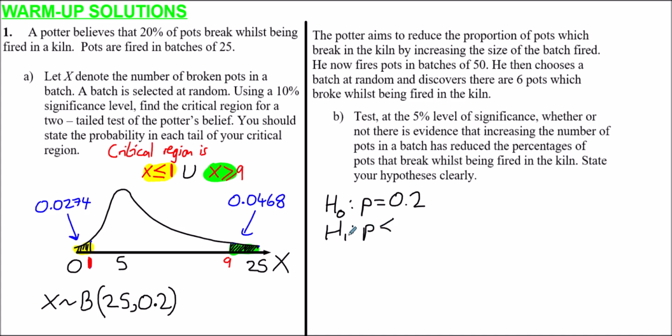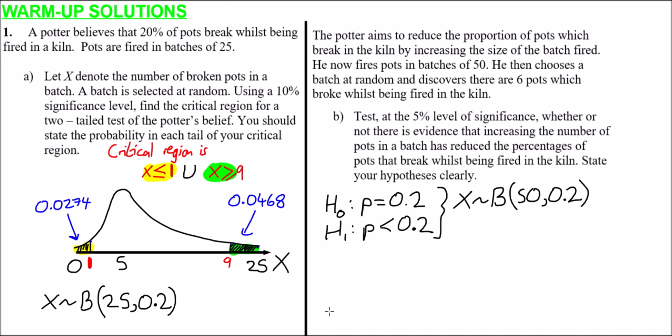So H1, the alternative hypothesis, is that the probability is less than 0.2. Based off the null hypothesis, which we assume to be true by default, if he's firing 50, it'll be binomially distributed with 50 fired, probability of a broken pot being 0.2.